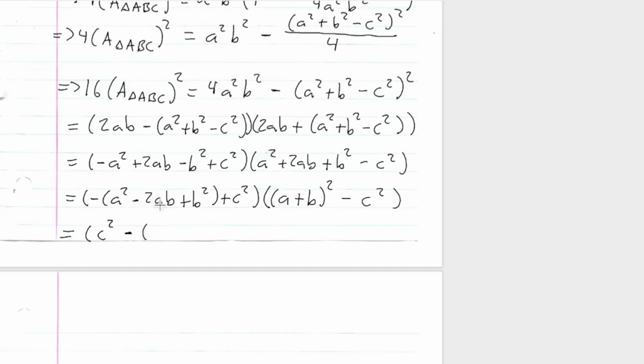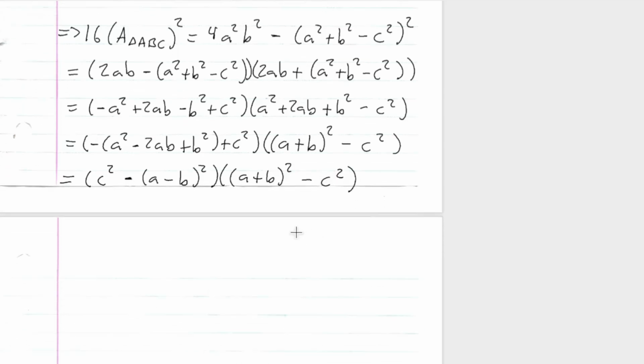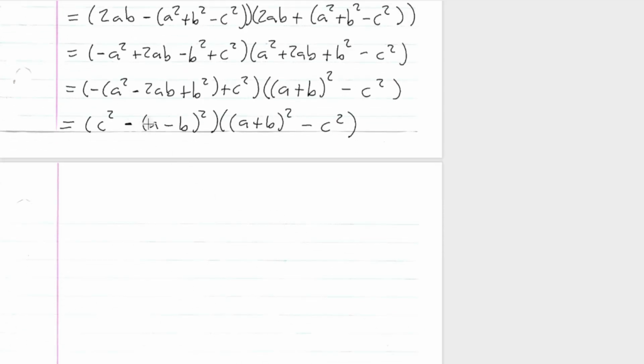a squared minus 2ab plus b squared is the same thing as a minus b squared, right? So a plus b squared minus c squared, right? Because a times a is a squared, a times negative b is negative ab, negative b times a is another negative ab, so there will be two negative ab's, and then negative b times negative b is positive b squared.